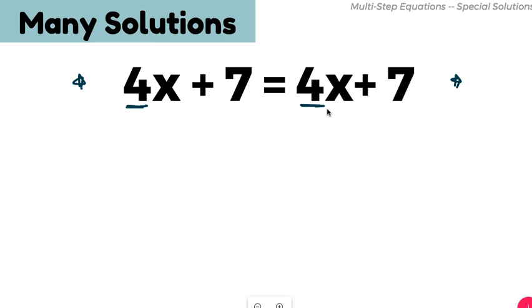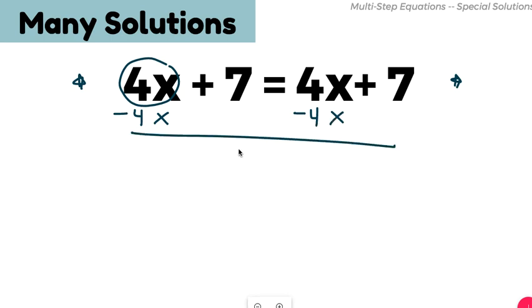It's something that I want you to keep in the back of your head, because that's going to be important. So we're going to pretend that I look at this and go, oh, I don't have a smaller one. What do I do? Just pick anything to get rid of first. I'm going to get rid of this guy first. Let me just subtract it from both sides. I get 7 equals 7.